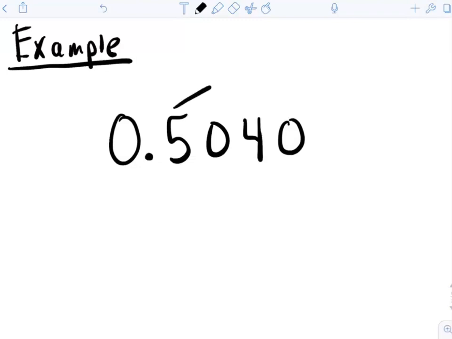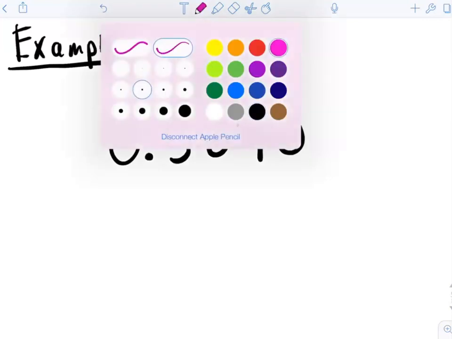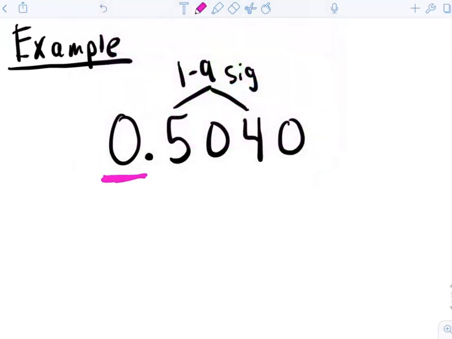So for example, these 5 and 4, I know they're 1 through 9, they're significant. Okay? This right here, this 0, it's coming in front of a 1 through 9, so it is leading. Since it's leading, it's insignificant.